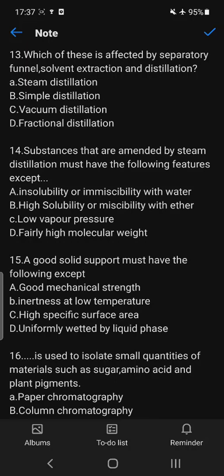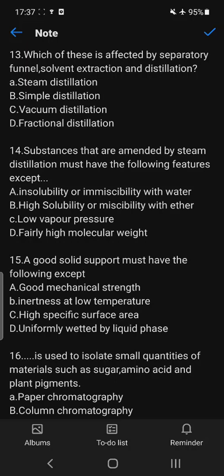And D, fairly high molecular weight. The answer is C. It ought to have been high vapor pressure. Substances that are amenable to steam distillation must have high solubility in ether, high vapor pressure, fairly high molecular weight, and insolubility or immiscibility with water. So the answer is C, low vapor pressure.